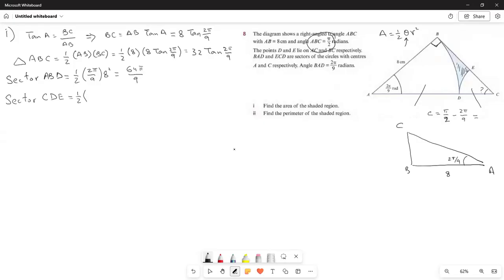I know that the sum of A and C is going to be pi by 2. So I subtracted 2 pi by 9 from pi by 2, and it comes out to 5 pi by 18. So this is the angle I'm talking about. Now I will write the angle here, 5 pi by 18, and then r square.